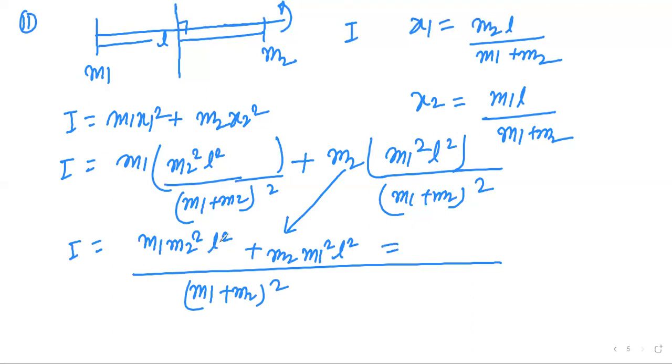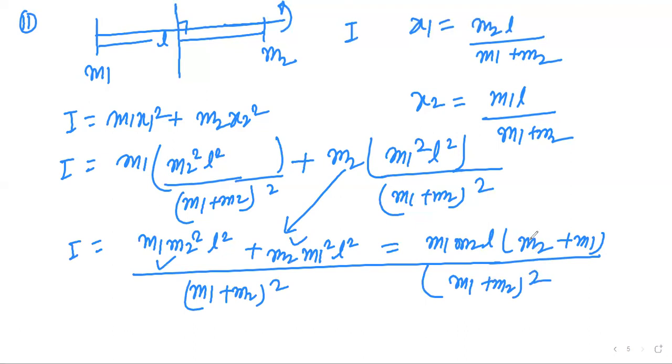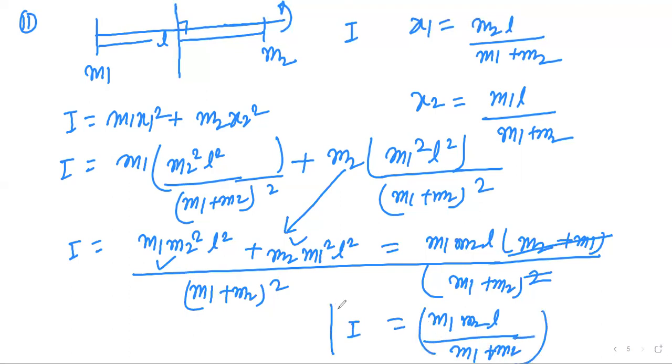So take the common factor from these two quantities, and you will get M1 M2 L common, right? The remaining is M2 plus M1 divided by M1 plus M2 whole square. So one factor will cancel. Your final moment of inertia will become M1 M2 L upon M1 plus M2. So this is the final moment of inertia.